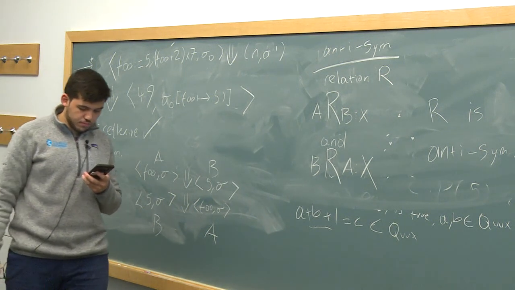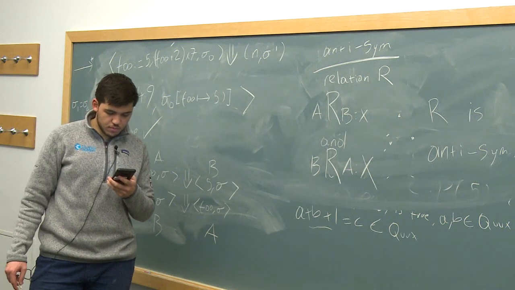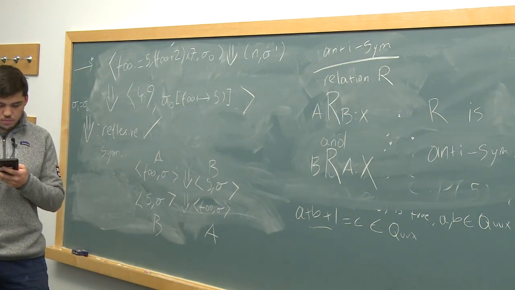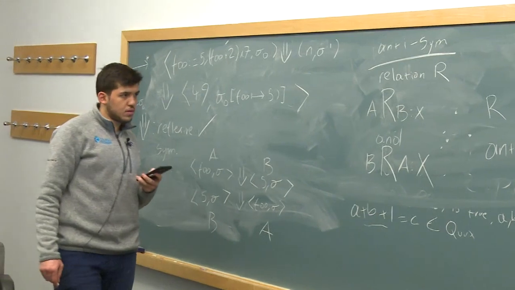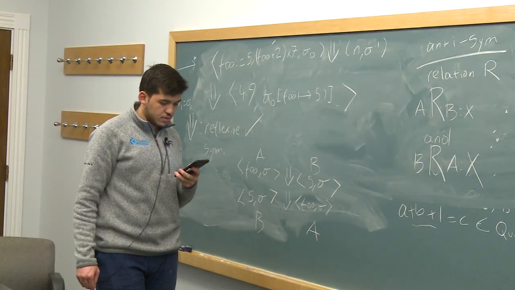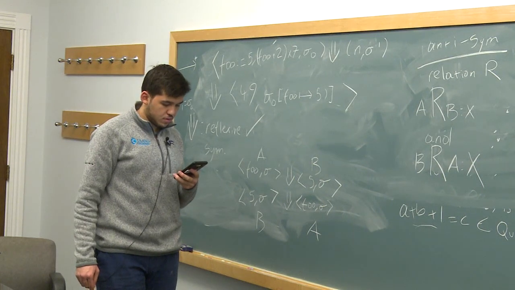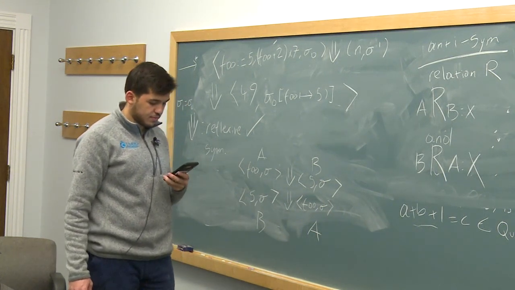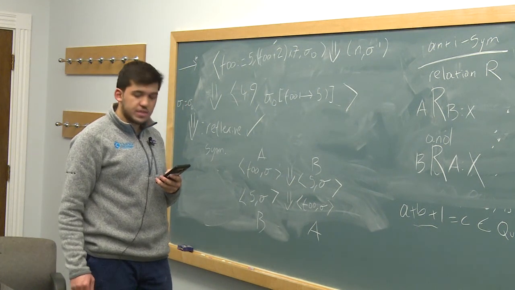For large step, I can imagine if it's an integer on both sides, like 5 comma sigma, 5 comma sigma, then that's possible in both directions. So therefore, large step is not anti-symmetric. It's not anti-symmetric, exactly. And it's also not symmetric.